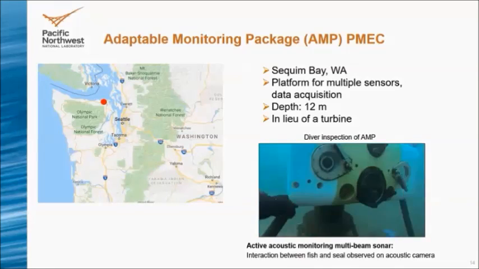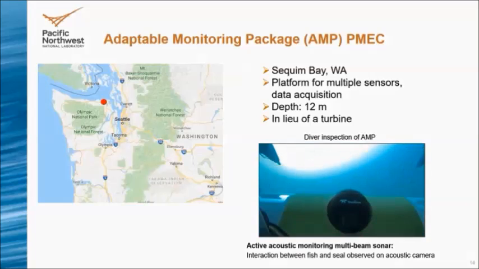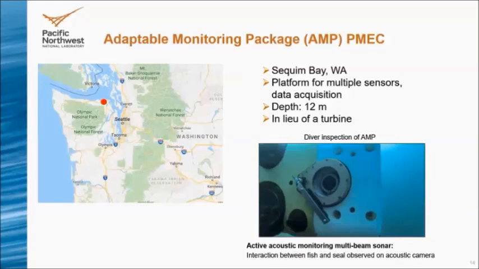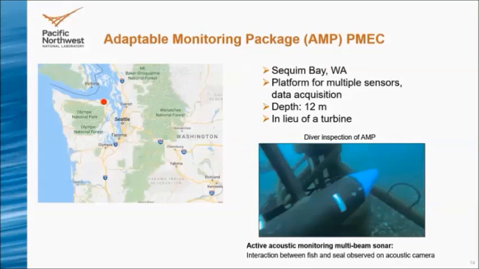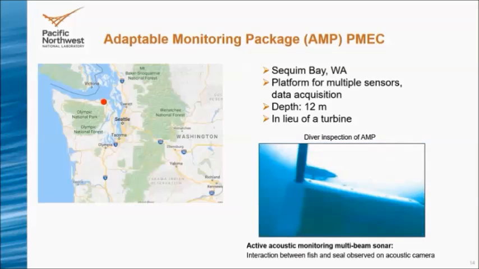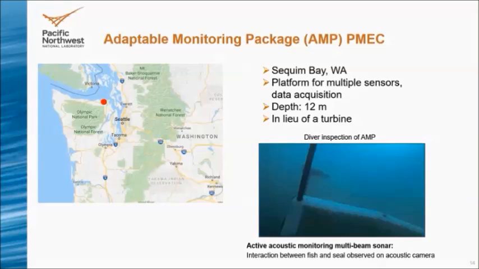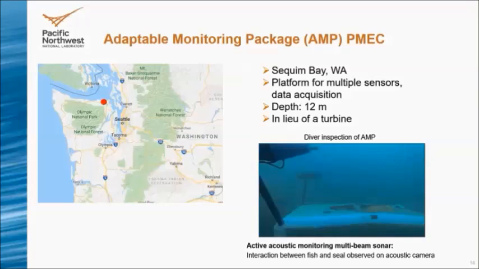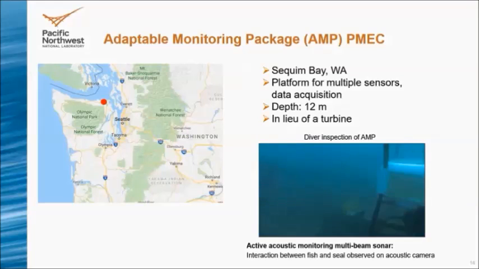And so I want to show you this to see what sort of monitoring data and information can be available. And when we look at the examples, we'll pretend that this AMP is kind of a tidal turbine with the animals coming in close to it. But this is a really good example of what information is available.